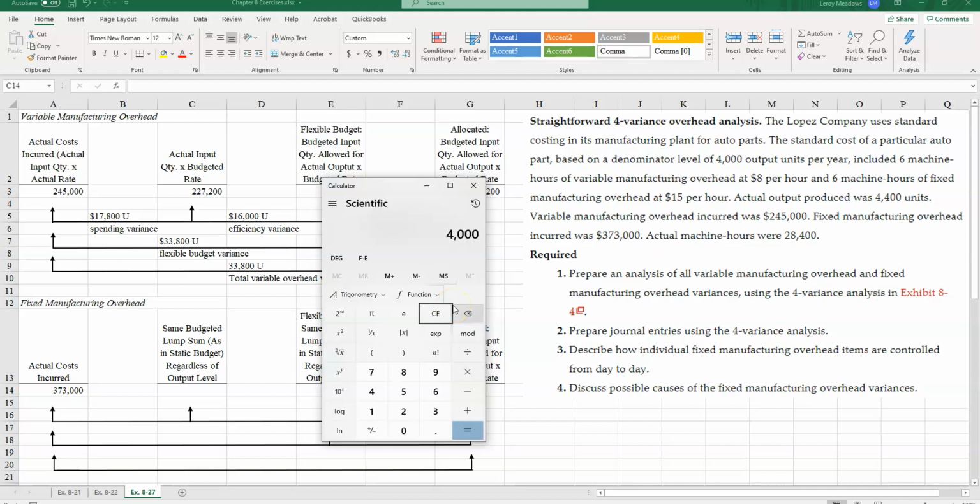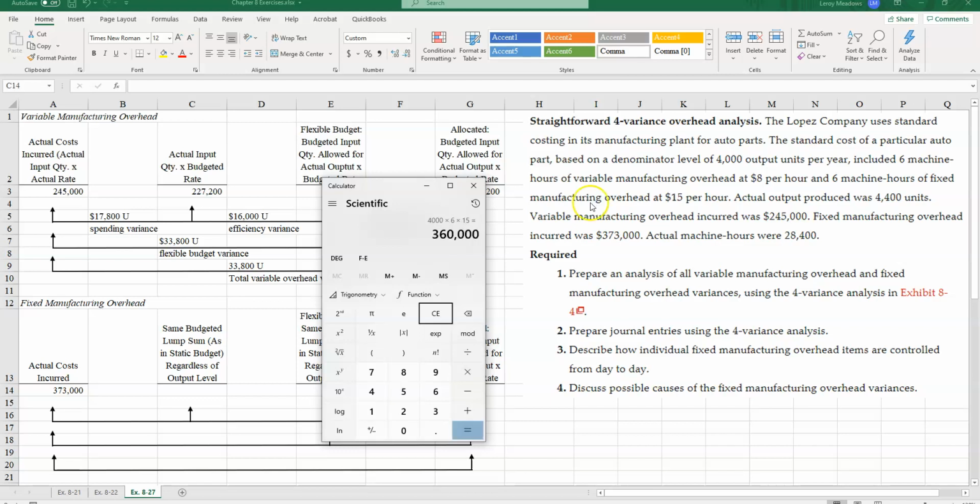And it told us in the problem that it takes 6 machine hours of fixed manufacturing overhead. So 4,000 units times 6 machine hours, and an allocation rate of $15 per machine hour.